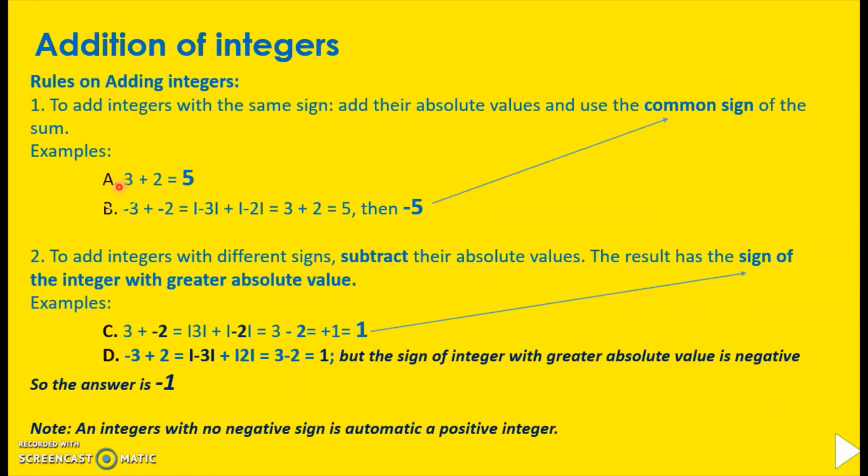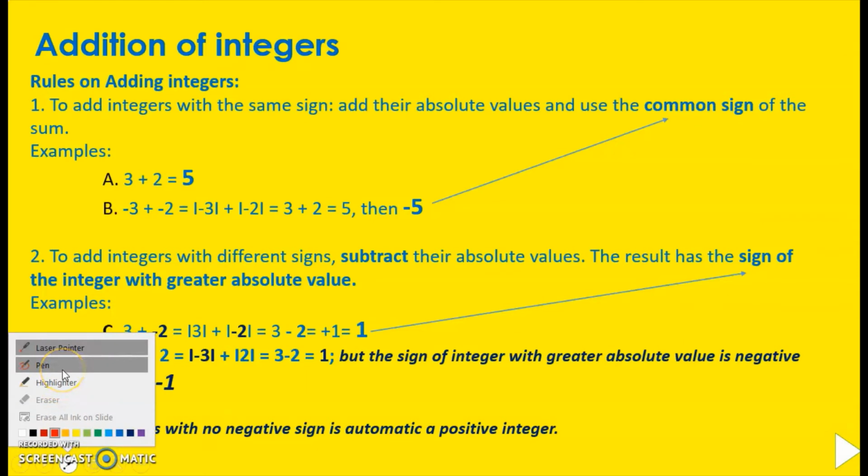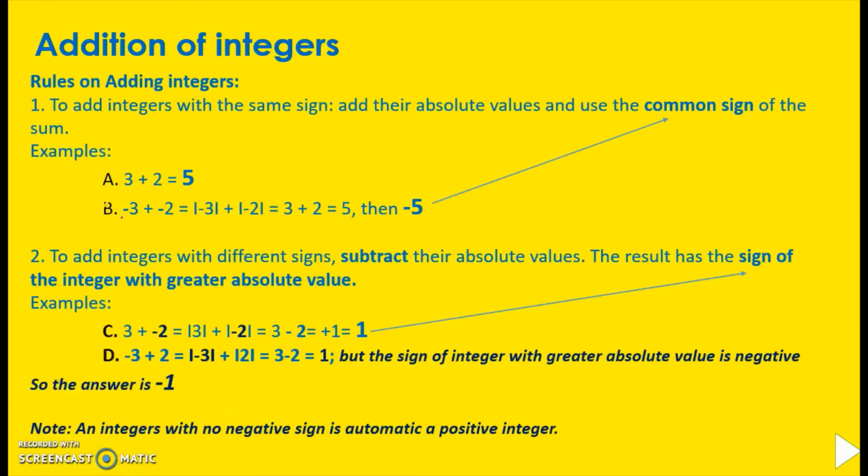On the first example here, 3 plus 2 can be answered on your own, because 3 plus 2 is automatically 5 as we count it one by one. But take note here that some would write 3 here as positive 3 plus positive 2 equal to positive 5.